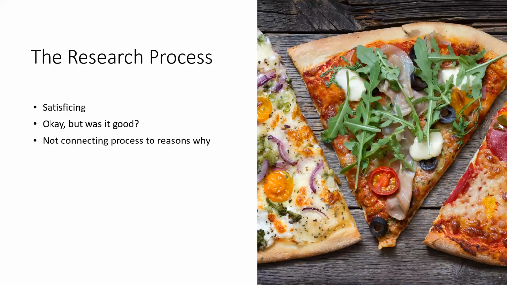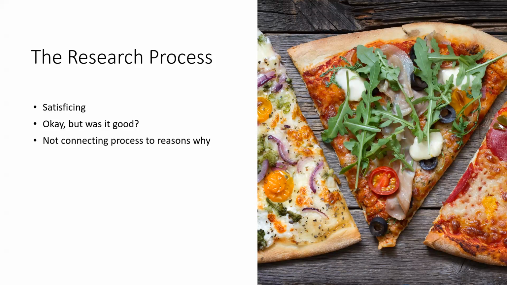And so how does this show up in the actual research process itself? Well, there's a lot of satisficing, and everybody does this, from students on up to librarians, on up to PhD level researchers. One way this looks, and I like this analogy because it relates to food, is we all know there is bad pizza, good pizza, and great pizza.